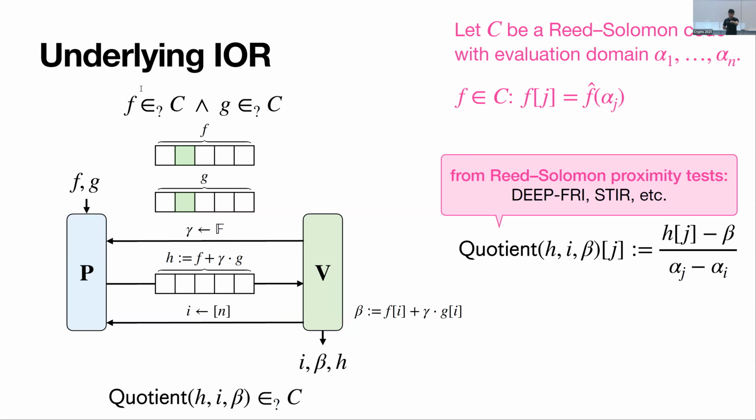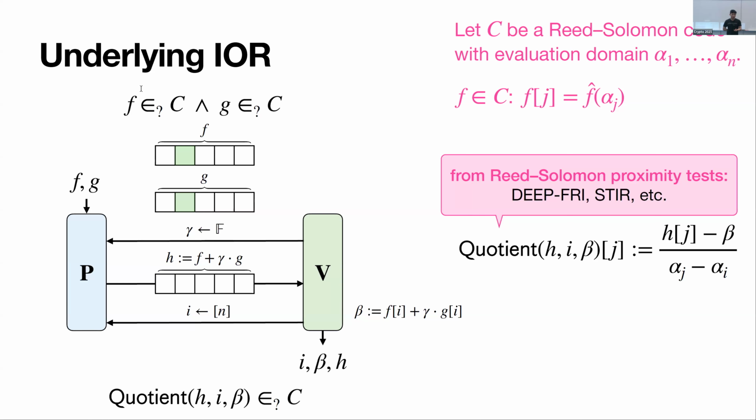One thing I want to highlight is that we're using quotients in a different way from prior work. Whereas in prior work, when you recommit to your Reed-Solomon codeword, you're often doing so over a different code, like a different evaluation domain, here we're only interested in recommitting it over the exact same code.